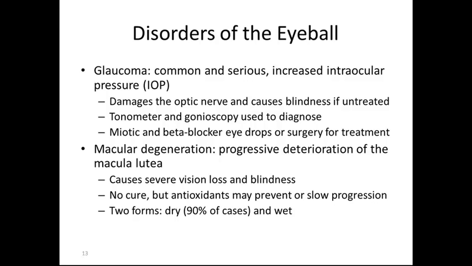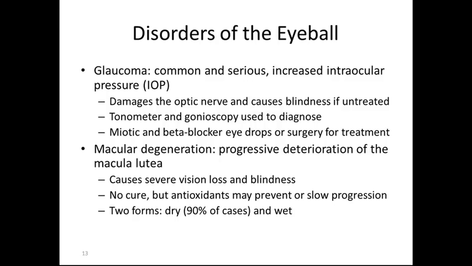Glaucoma is another disorder of the eyeball which is common and can become serious if untreated, which increases the intraocular pressure. The increased intraocular pressure can damage the optic nerve and cause blindness if untreated. A tonometer and gonioscopy are used to diagnose glaucoma. A tonometer is a very basic test that is done in everyone to determine the presence of glaucoma.